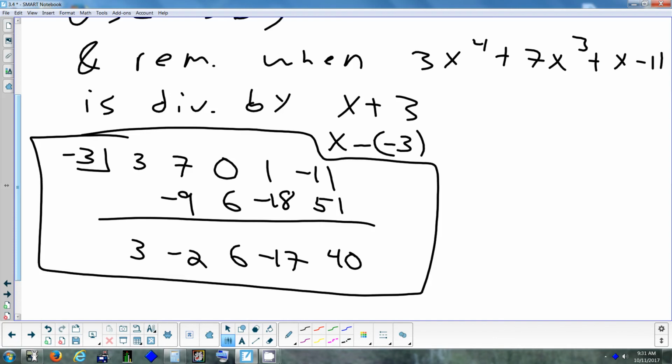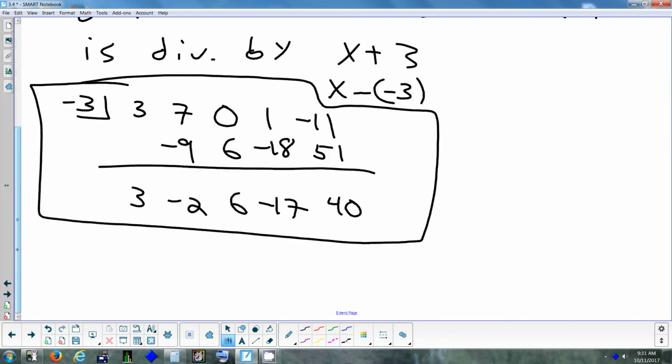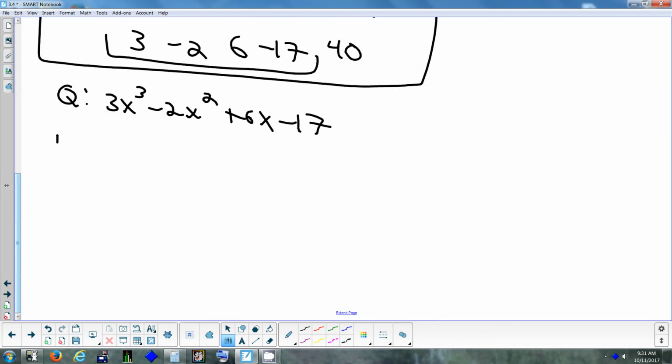So, in this case, is x plus 3 a factor of my original numerator? No. So it's not a factor, but they wanted us to write down the quotient and remainder. There's my quotient: 3x cubed minus 2x squared plus 6x minus 17.